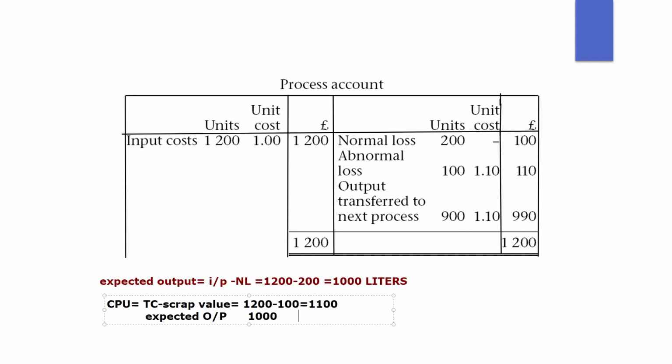So when we divide 1100 by 1000, we are getting 1 pound and 10 pence.